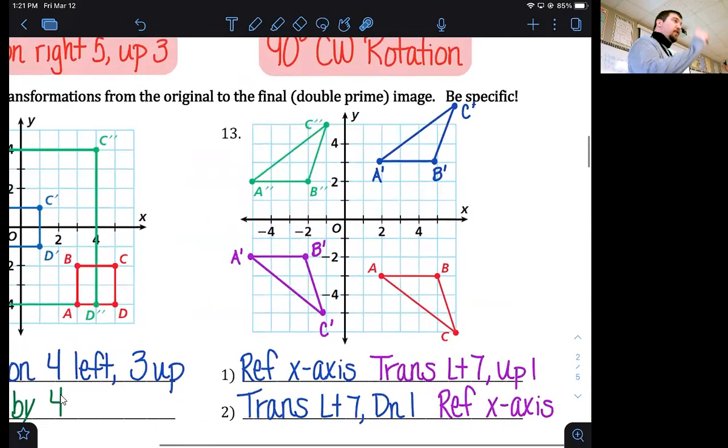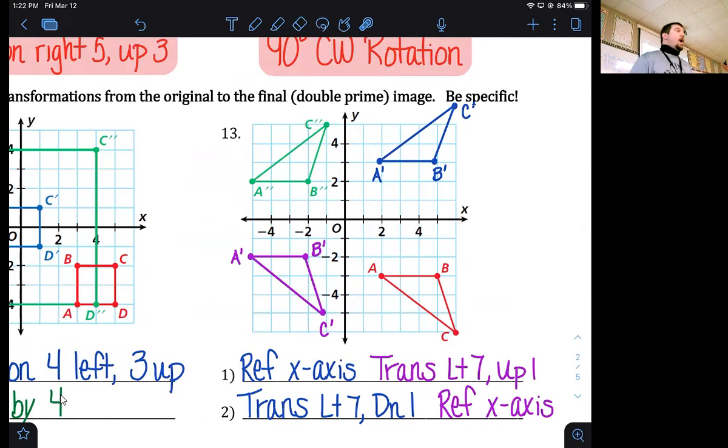If you said first that you thought it was reflected over the x-axis, that would then take it up here to where this triangle is, which means it would have been translated left 7 and down 1. Okay, so if you follow the blue here, if you said reflect over the x-axis first, then your second transformation would be left 7, down 1 translation.